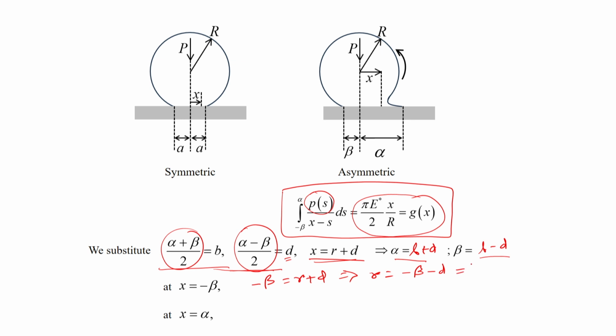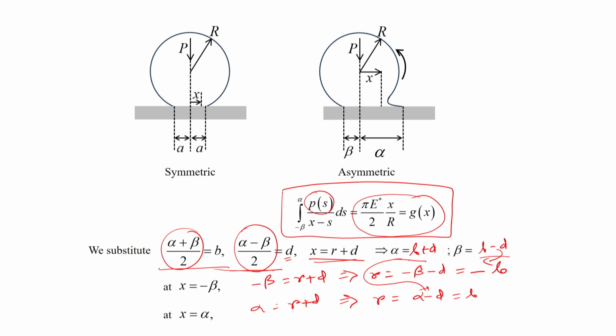From here you see that minus beta minus d is equal to minus b, so r is equal to minus b. And at x is equal to alpha, alpha is equal to r plus d, so r is equal to alpha minus d. So alpha minus d is equal to b.